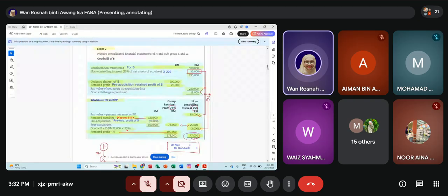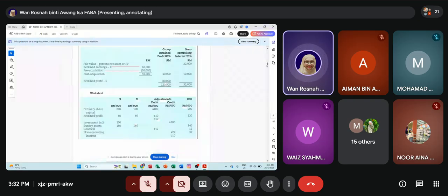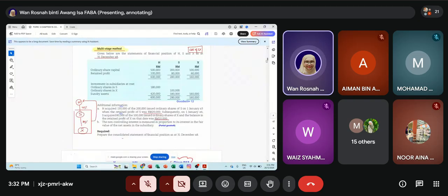Tadi Mr. show screen kan, so you ambil dekat sini, sebenarnya you ambil dekat soalan ni. Which is 100,000, right? And then the cost of investment consists of investment in S and NCI.